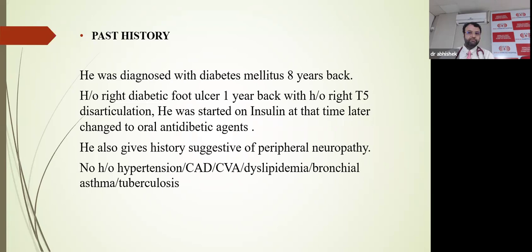So if there is an absent bilateral dorsalis pedis, then there is a high chance that it is a physiological absence, because up to 30% of patients can have bilaterally absent dorsalis pedis or posterior tibial.